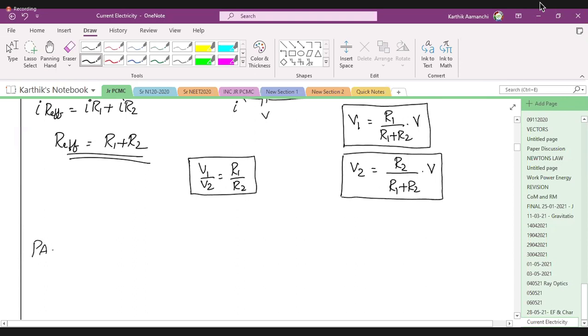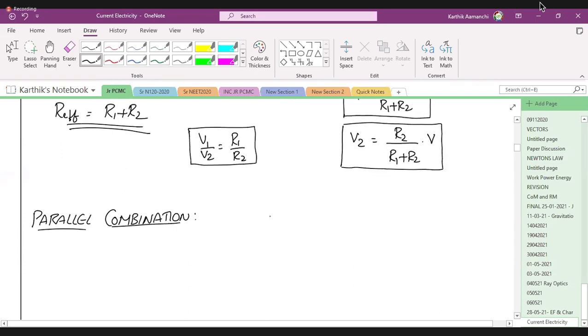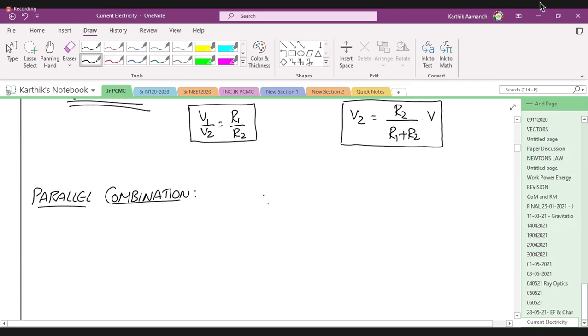Parallel combination. Don't tell me the answer. Draw a diagram. Derive it. Get me your I1s and I2s now. Tell me I1 and I2 in terms of R1 and R2.